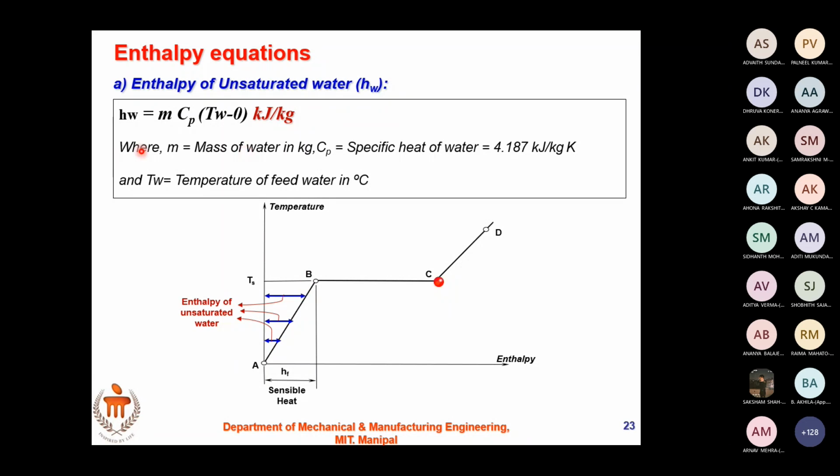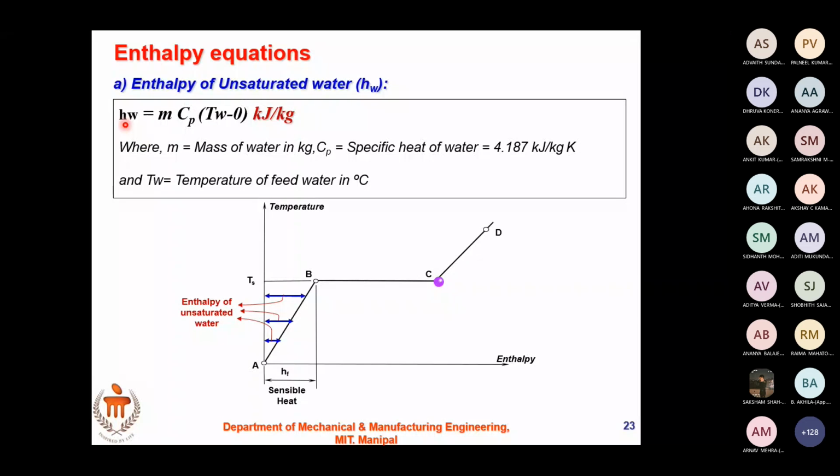So any heat addition is given by H equal to mc delta T. Okay, so H, I am using a suffix W here. Since I am using small h, it is specific enthalpy. To be very precise, this is specific enthalpy of unsaturated water. That's why I am using per kg here.